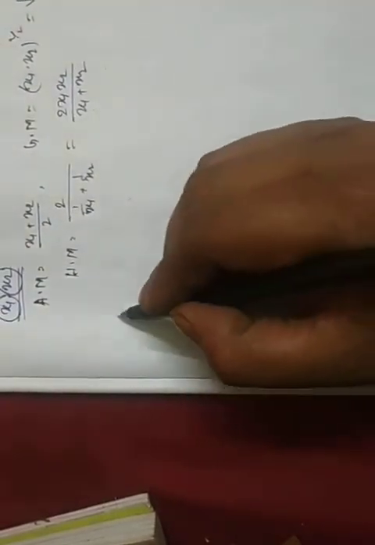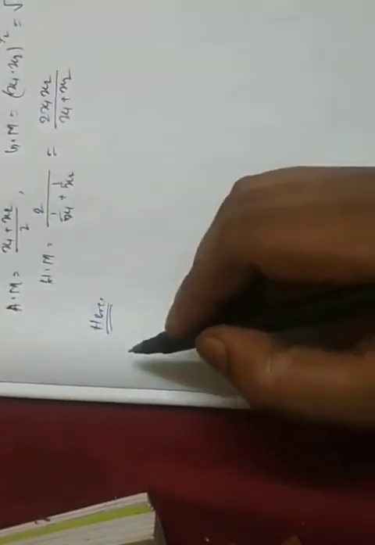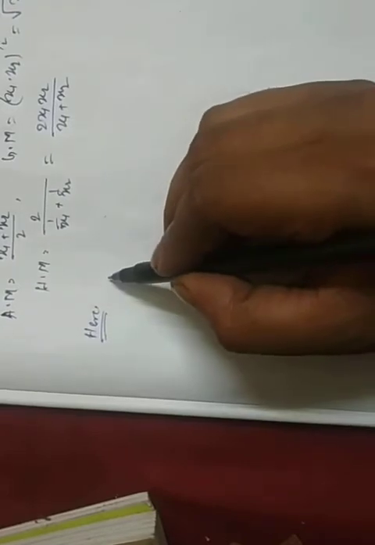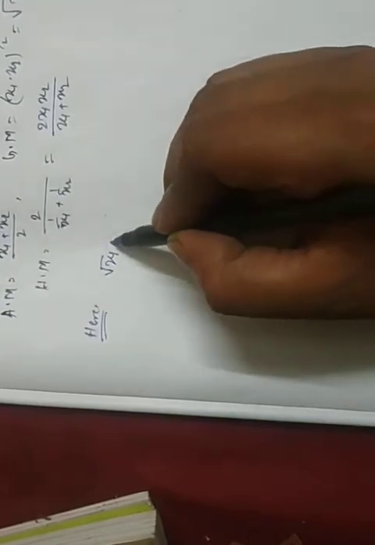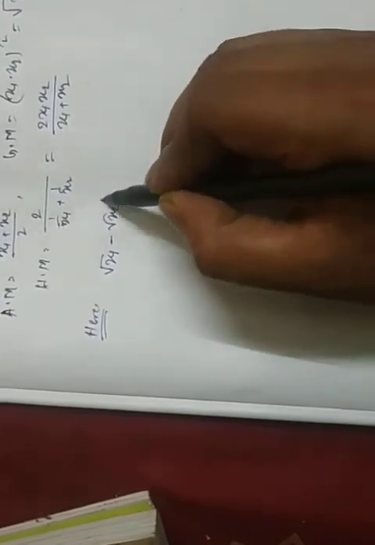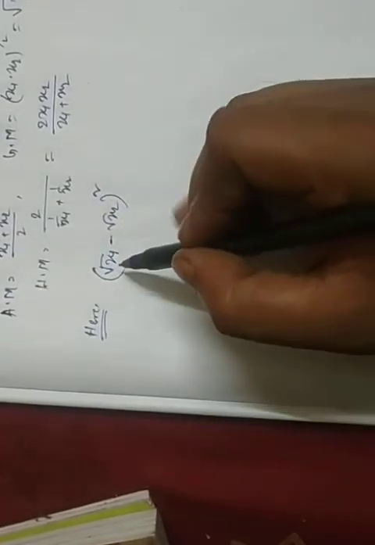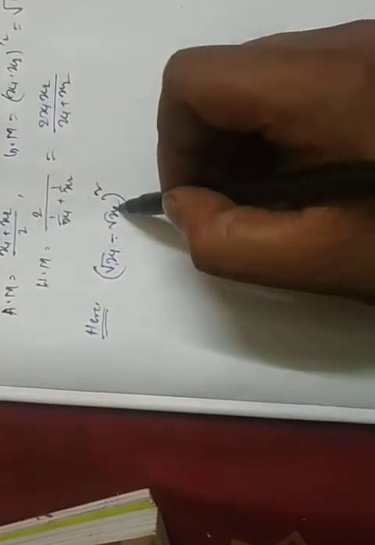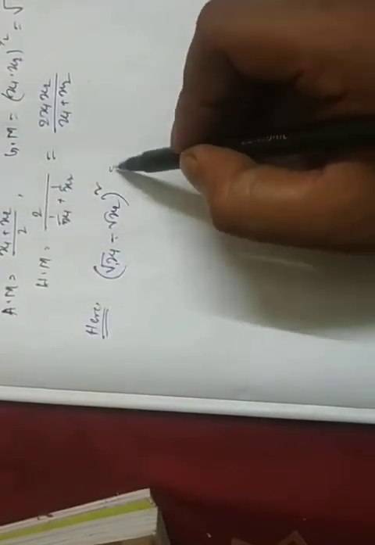Now here we will start with the value root under x1 minus root under x2 whole square. We know that all the values of a given statistical data x1, x2 are taken positive. So root under x1 minus root under x2, whatever be the value, as there is a square, this value is always greater than or equal to 0.